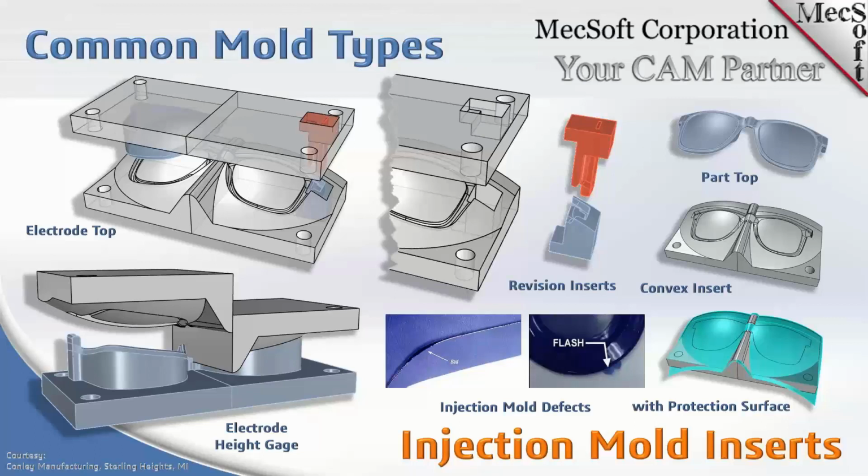But what you're left with is a perfectly formed cavity that you don't need any finishing on, you don't need to do anything else. So as long as your graphite core is machined properly, that's exactly what you're going to see in the cavity.